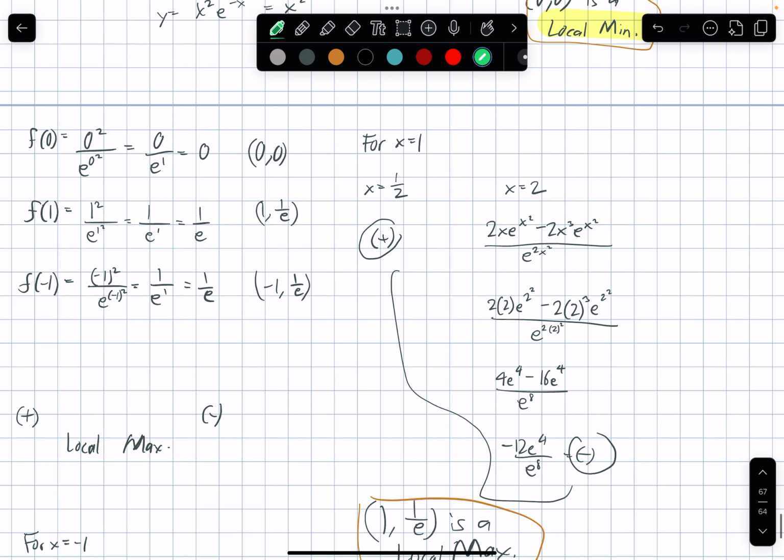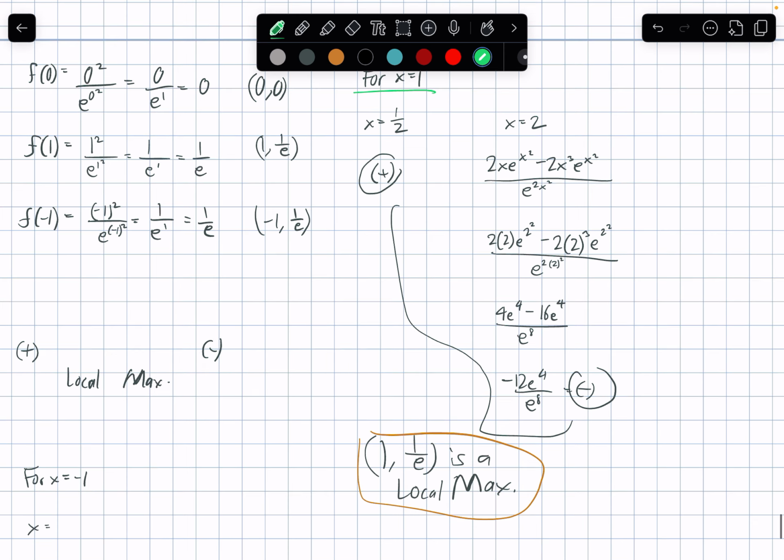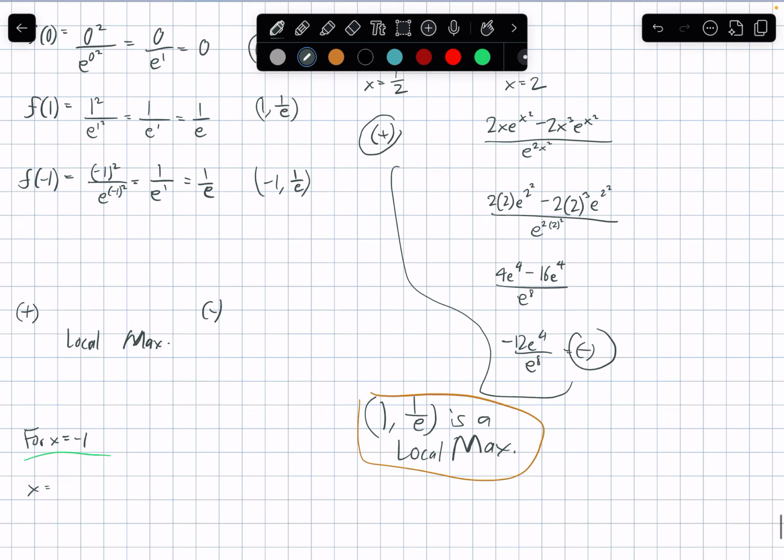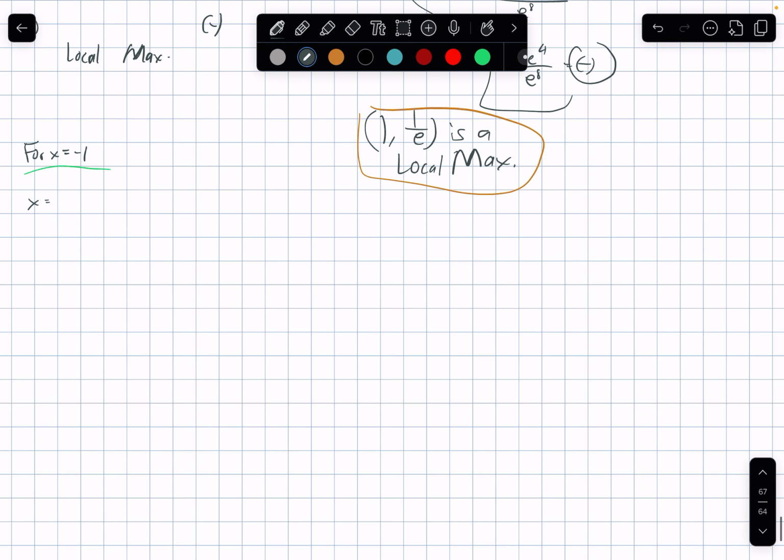That's why we only needed to find the behavior of x equal to 1 rather than x equal to negative 1. Although either way, if you found this instead of this, it doesn't change anything. Maybe it has something to do with this. Their y values are the same. So symmetrical with respect to the y-axis.